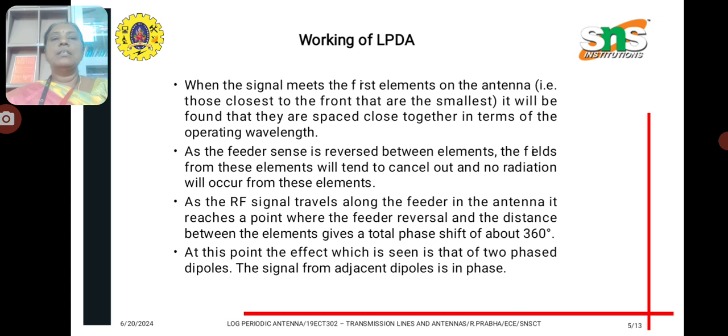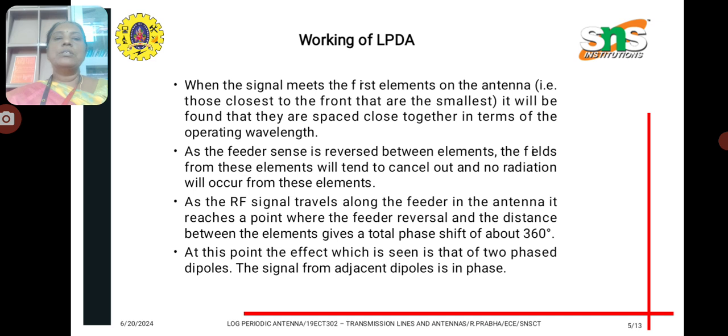As the feeder sense is reversed between the elements, the fields from these elements will tend to cancel out and no radiation will occur from these elements. As the RF signal travels along the feeder in the antenna, it reaches a point where the feeder reversal and the distance between the elements gives a total phase shift of about 360 degrees.